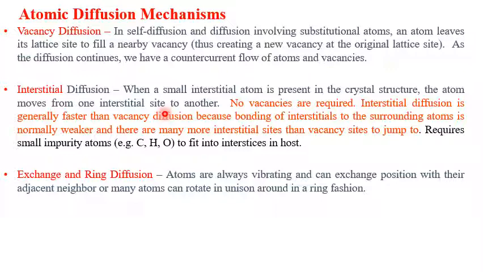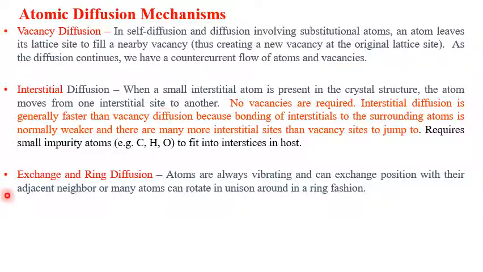An interstitial is nothing but a free space which is available between the atoms, so that can be accommodated in it. The atom which occupies the interstitial position can move through the adjacent interstitial positions, which requires less energy compared to the remaining mechanisms.